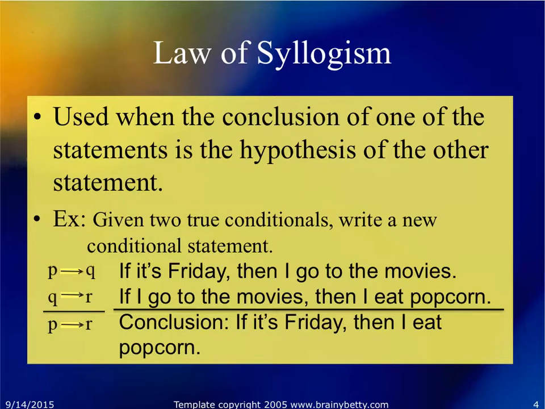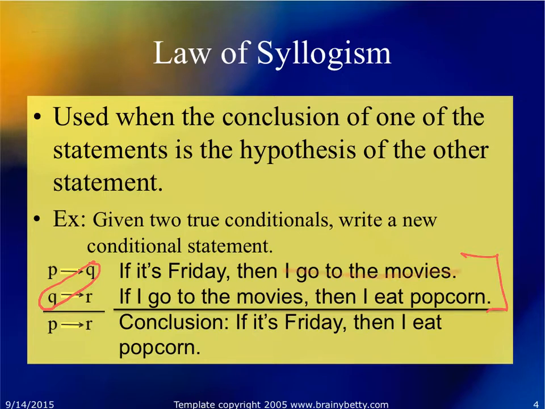So we're basically going to blend these 2 statements together. Now notice, see how the end of the first one, the conclusion, is the hypothesis of the second statement. So when we go to blend it, we're going to take out the overlap.